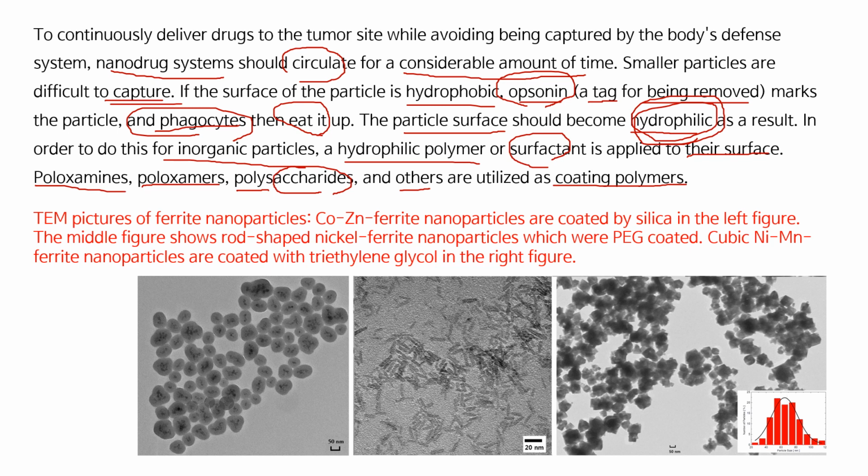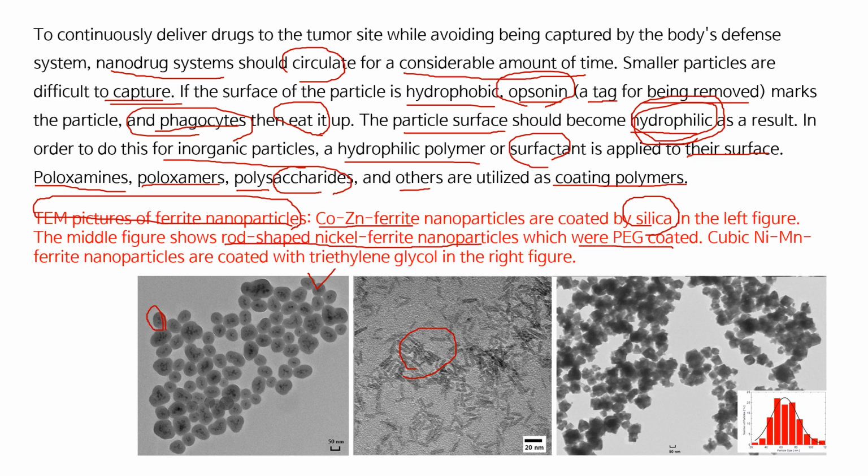The images of ferrite nanoparticles are shown. This is cobalt zinc ferrite nanoparticles, which are coated by silica. So it's coated by silica here. The middle figure shows rod-shaped nickel ferrite nanoparticles, which are PEG coated.